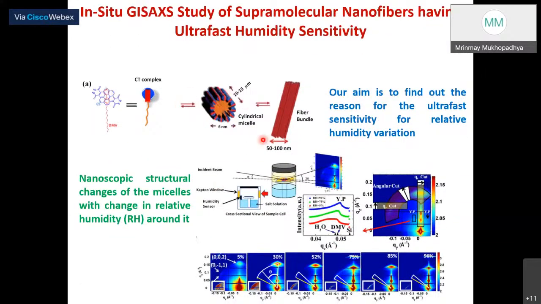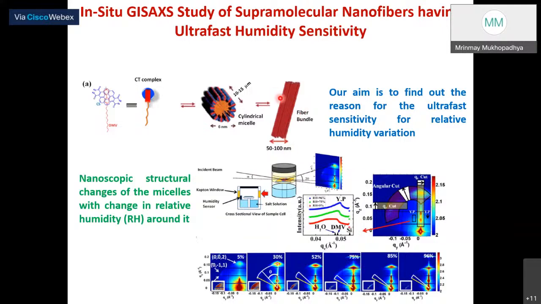Here we have a very good example of real measurements: a cylindrical rod-like fiber. These are highly humidity-sensing molecules, and if you change the humidity, you can see that the patterns are changing.